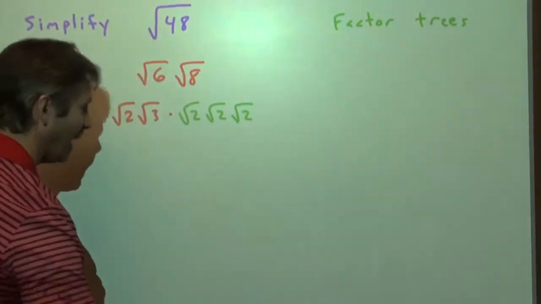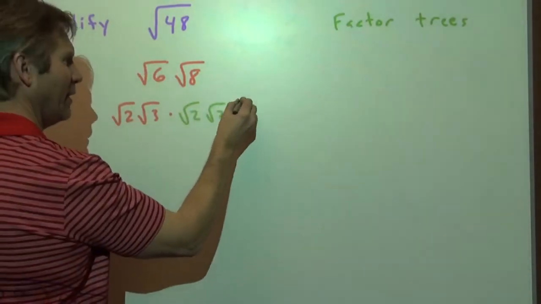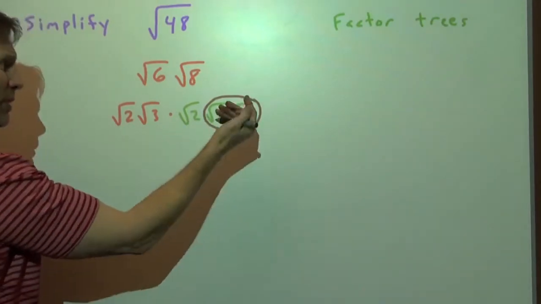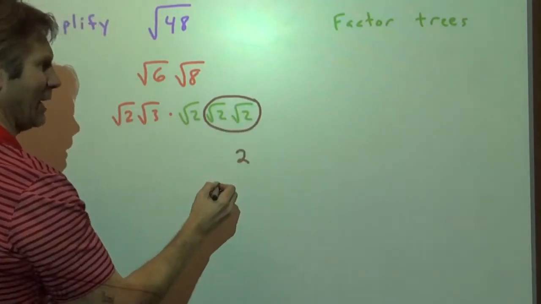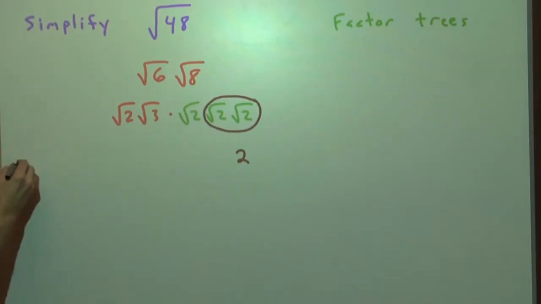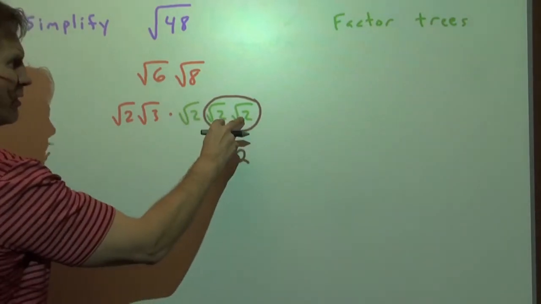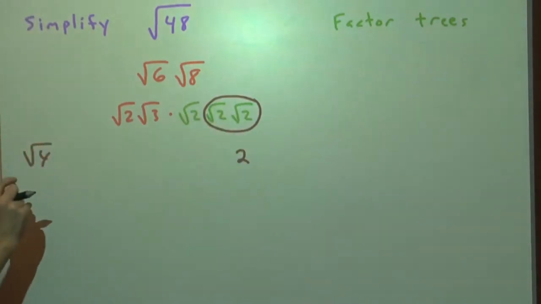And then every time we have a pair of the same radical with the same radicand, this times this is going to give us the radicand. Because again, remember, radical 2 times radical 2 would give us radical 4, and the positive square root of that is 2. A pair of the same radicals gives you that result.